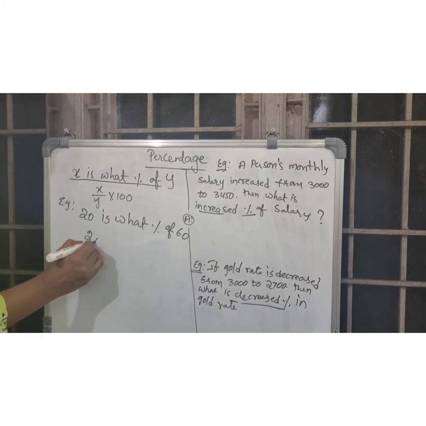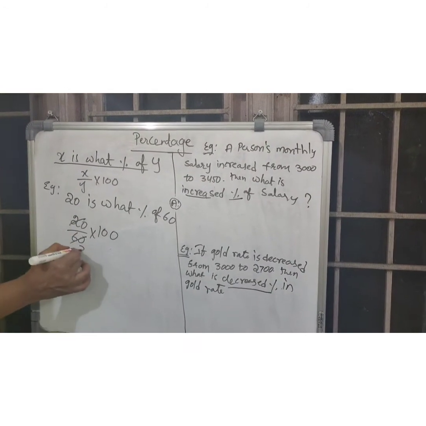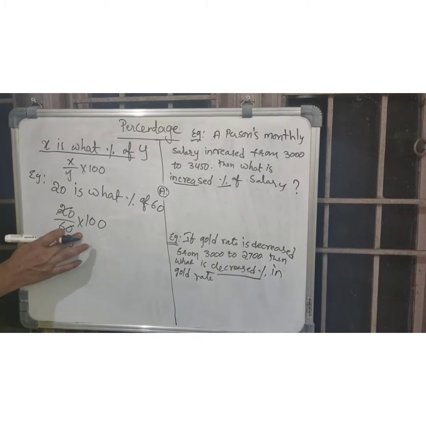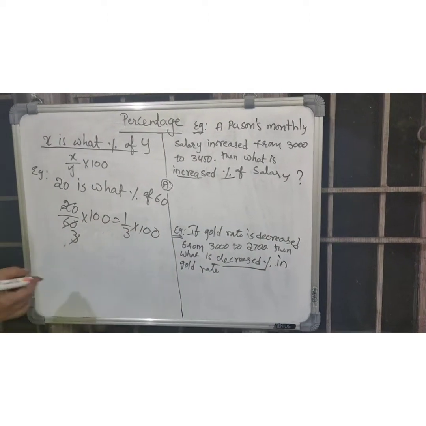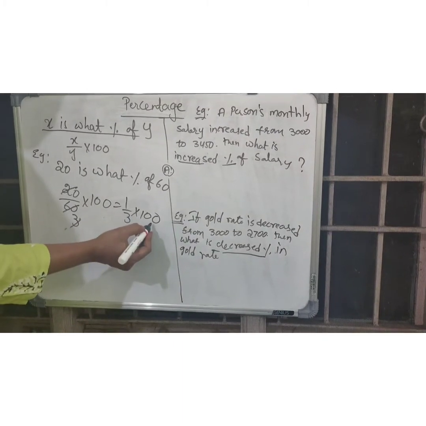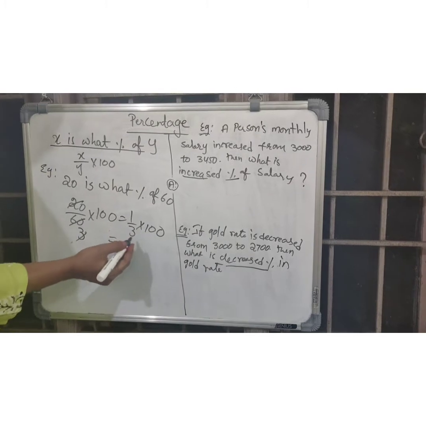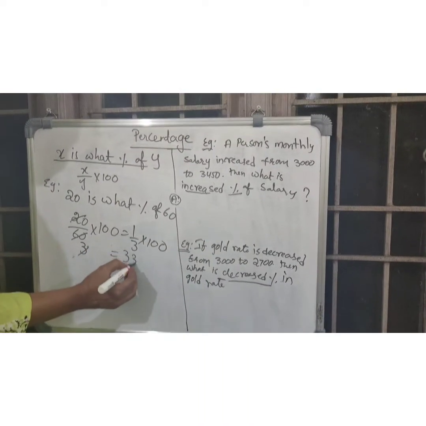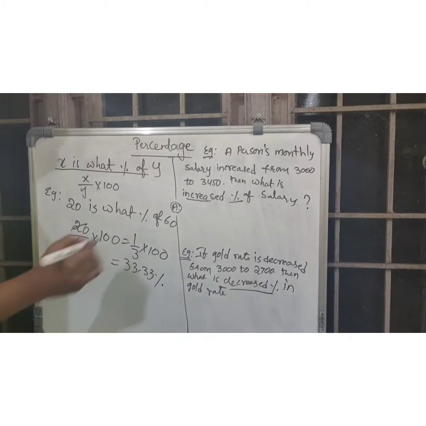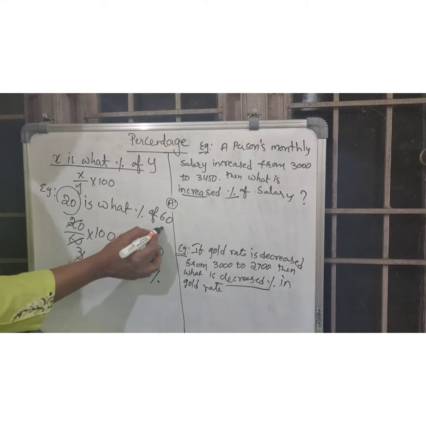That means 20 divided by 60 into 100, that is 1 by 3 into 100. We know the fractions in terms of percentages, so it gives you 33.33%. So 20 is 33.33% of 60.